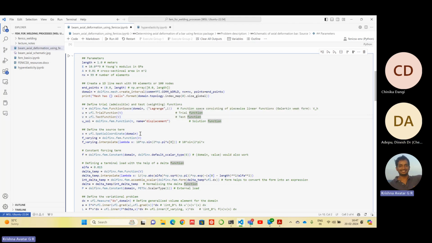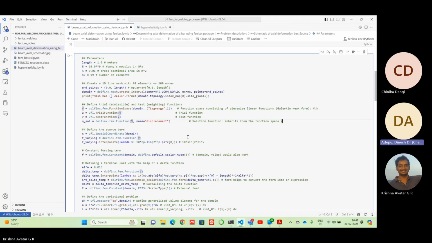Actually, it will be stored in u_sol directly, and it will be fully defined over the domain. It inherits all the properties from the function space V, and that is what we require essentially.